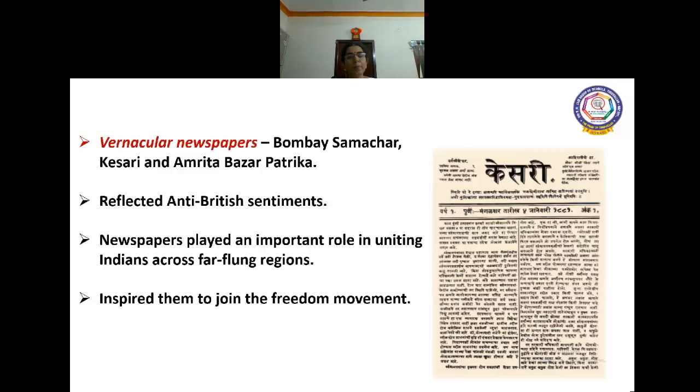These newspapers reflected anti-British sentiments. So, newspapers played an important role in uniting Indians across far-flung regions. It united the people who were settled in various places, and it inspired them to join the freedom movement.